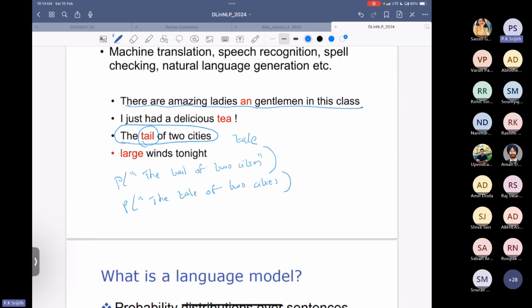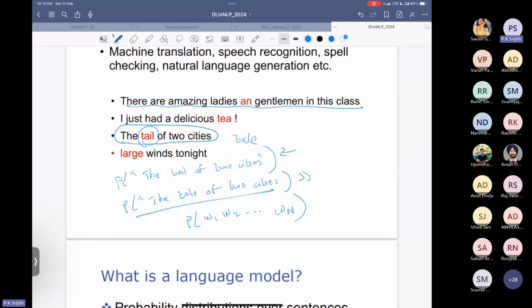And a language model which has this knowledge about the order in which the words have to appear basically can tell me that the probability of this is going to be much higher than the probability of this quantity, or the probability of this is going to be very small. So that is basically what we are trying to do in a language model. We try to learn the probability at which the words appear in some order.